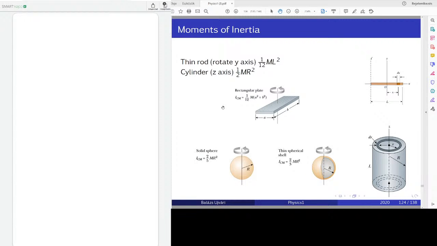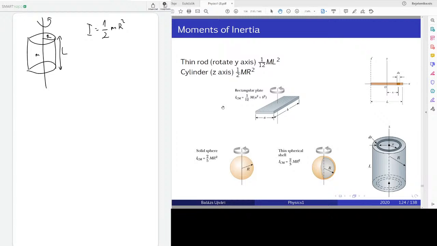For example, the more common one we use is a cylinder that rotates along this axis, where this is r, this is the mass, and this is the length, let's use h or capital L. We can say the moment of inertia is just 1 over 2 m r squared.